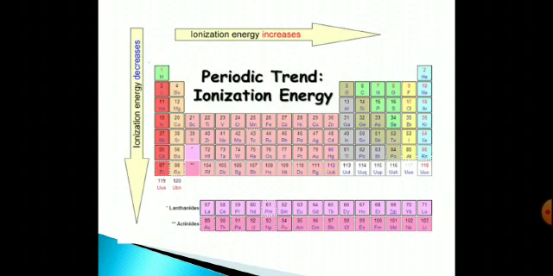That means the outermost shell is pulled with greater force towards the nucleus. Since the outermost shell is very close to the nucleus, it requires a lot of energy to remove the electron from the outer shell. Since the energy required to remove the electron increases, therefore the ionization energy on moving from left to right in a period increases.